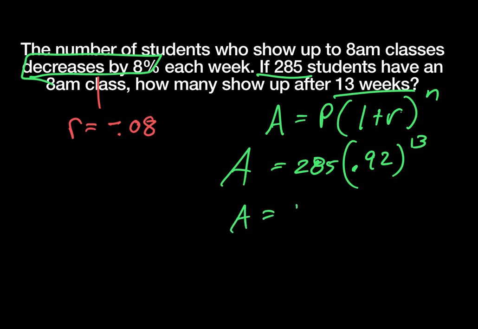So that would be 96.4, but you can't have 0.4 of a student. So 96 or 97 students are showing up to their 8 a.m. class after 13 weeks, which is not too far off from what I saw going on in this classroom.